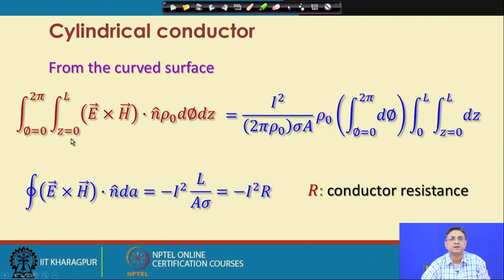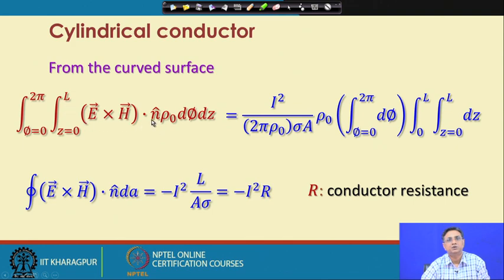For the curved surface, we have to take the integration over phi for the complete azimuth, from 0 to 2 pi, and for a certain length L of the conductor, from z equal to 0 to L.